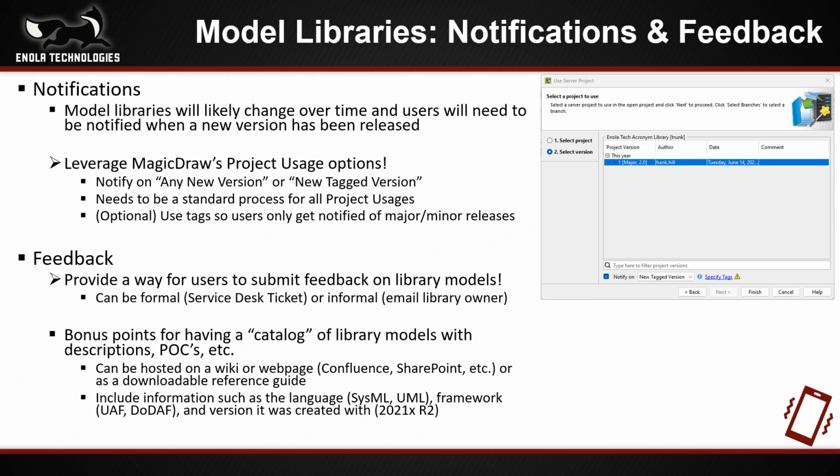Does it have any frameworks like UAF, UPDM, DODAF? What version was it created in? Who's the point of contact? Definitely something to consider when you start having large enterprise collections of libraries: some way for users to discover and understand what these libraries are and who to reach out to if they have questions, feedback, or issues.